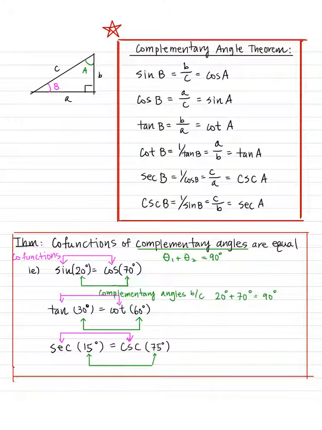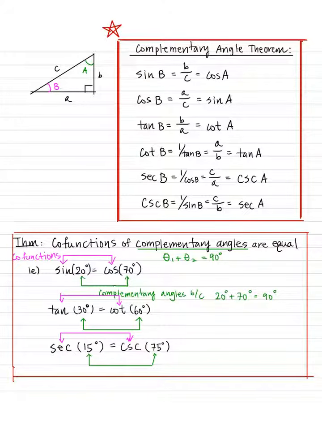Okay, similarly, what's the cofunction of secant? It is cosecant. All right, so please note that complementary angles means theta 1 plus theta 2 equals 90 degrees. Complementary angles means that when you add those two angles, it's going to add up to 90 degrees.